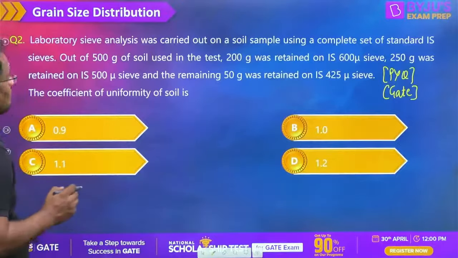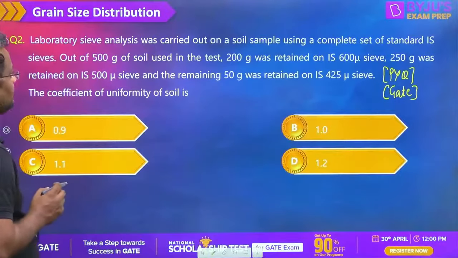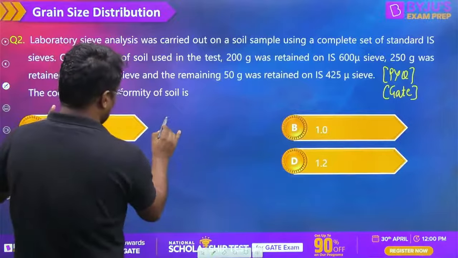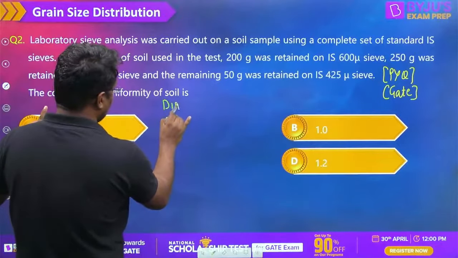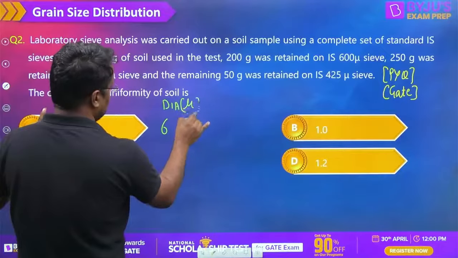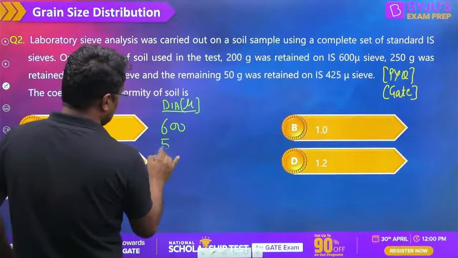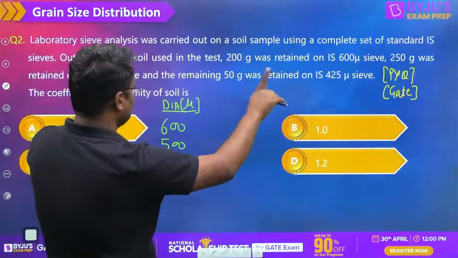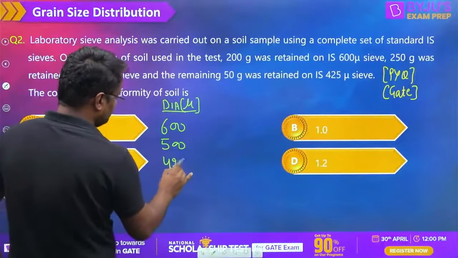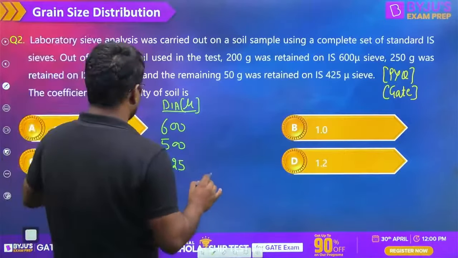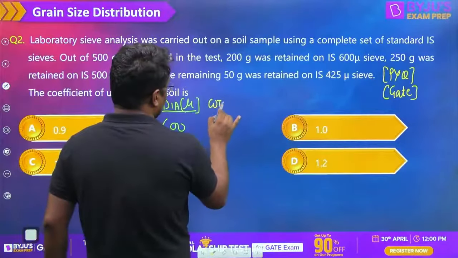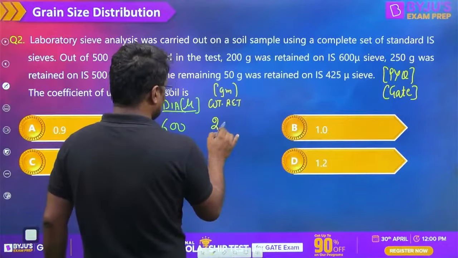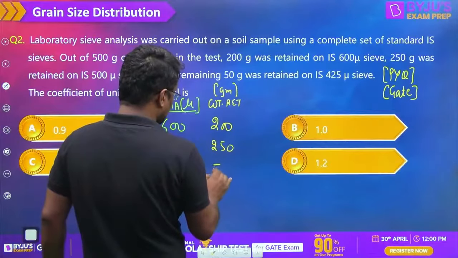See, out of 500 gram soil, there is a 600 micron sieve, a 500 micron sieve, and then a 425 micron sieve. I am writing the diameters in micron. Then the weight retained in gram is 200, 250 and 50 gram.